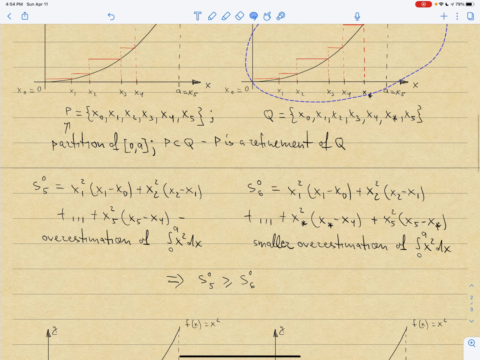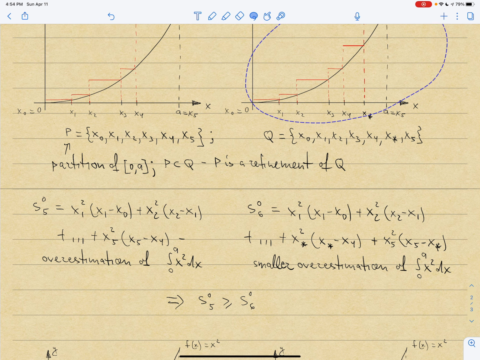So if Q is a finer partition, then we can conclude that on a finer partition, the overestimation is going to be smaller than the overestimation on the partition before the refinement, right? Adding more points will decrease the overestimation further.